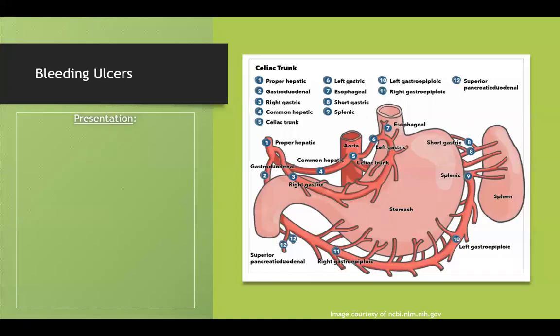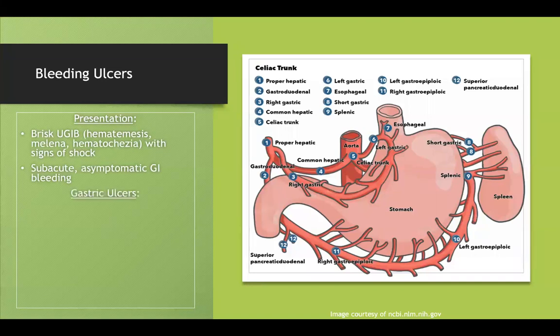So if you have a bleeding ulcer, it can present in a number of ways. It could be an acute, life-threatening bleed. Somebody could be coming in with signs of shock. They could have thrown up blood, or they could be bleeding very badly, with bright red blood per rectum, like hematochezia. Or you can just have a slower bleed, like a more asymptomatic GI bleed.